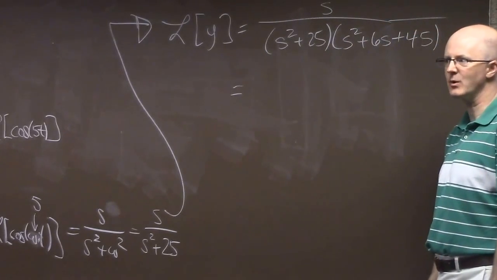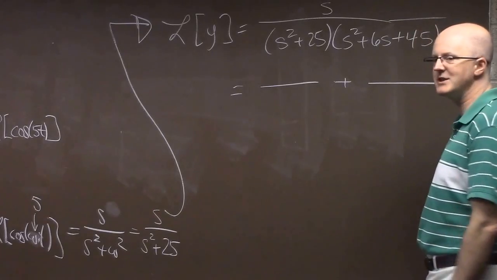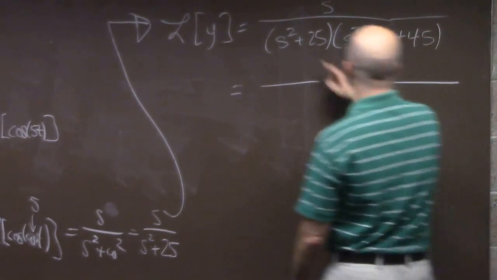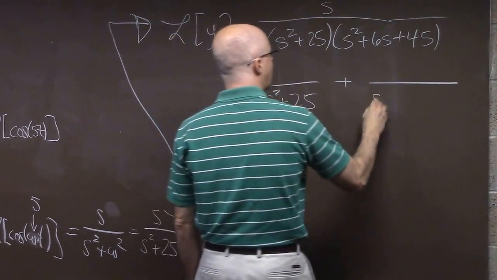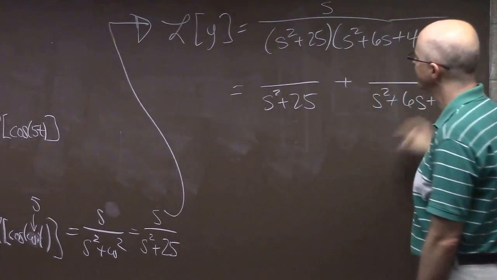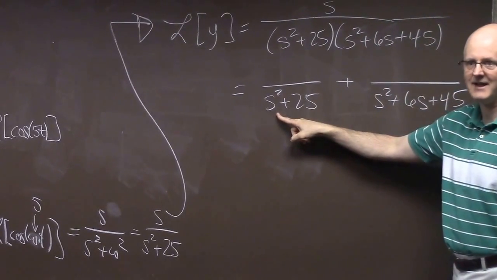Can partial fractions work? Can I split this up as a sum of two fractions? Yes. However, both of these quadratics here have complex roots. The roots of that one are going to be plus or minus 5i.